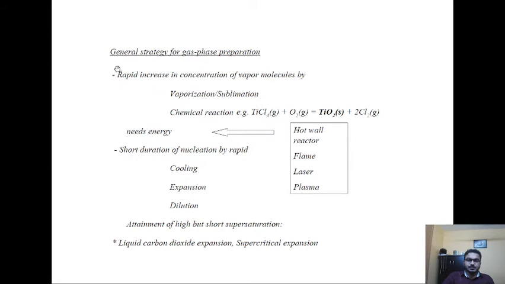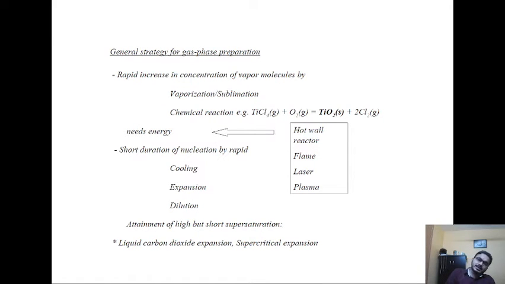Next is the general strategy for gas phase preparation. Here a rapid increase in concentration of vapor molecules is obtained by vaporization or sublimation. This is the way we can increase the concentration of vapor molecules.